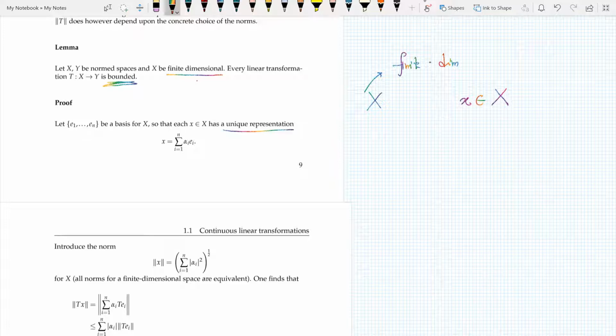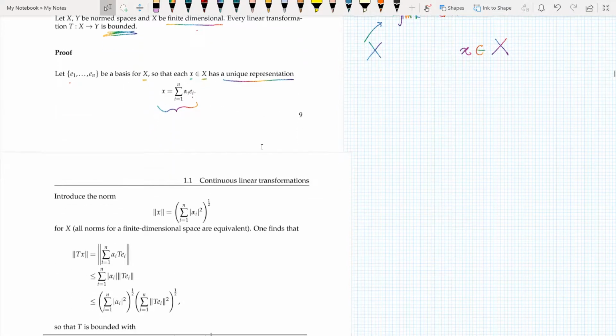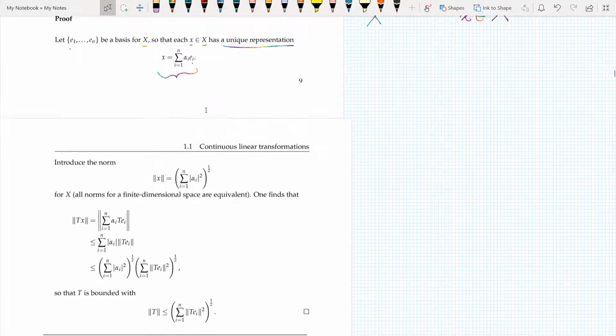I wrote it in the form of the basis vectors. So let e1 to en be the basis for X, which means that every element x belonging to my normed space has a unique representation. This is linear algebra 101. So every element in my normed space can be written as a linear combination of the basis vectors.